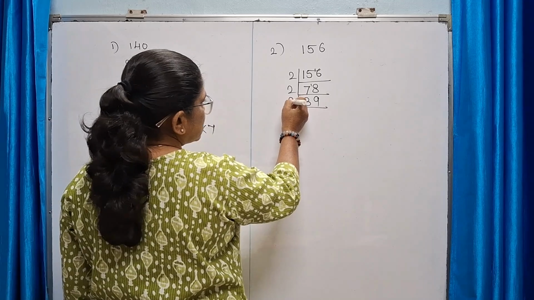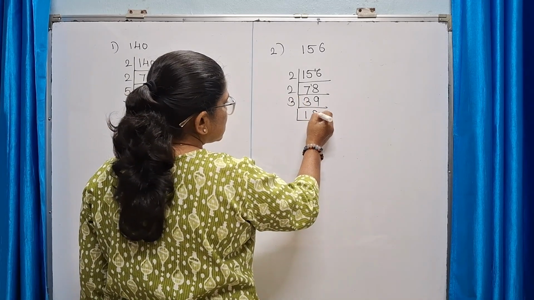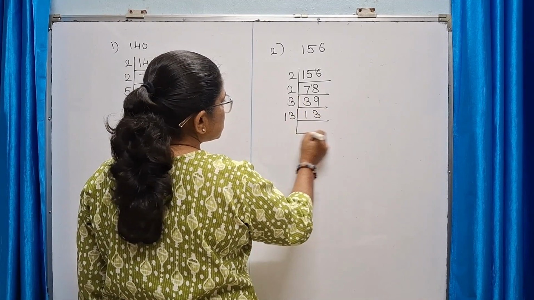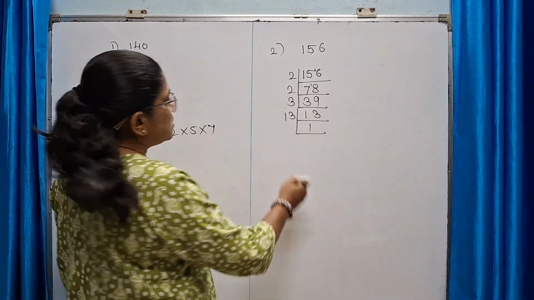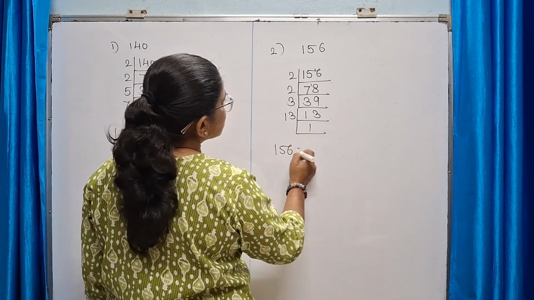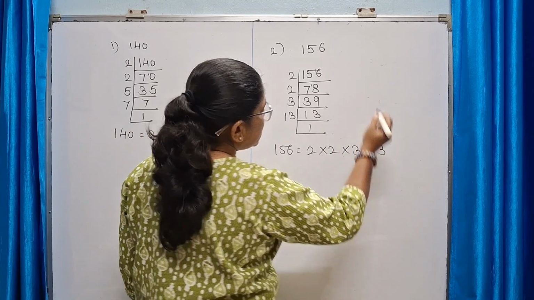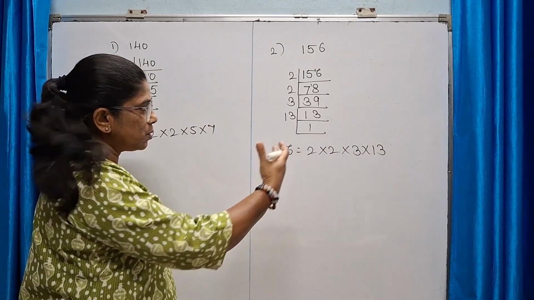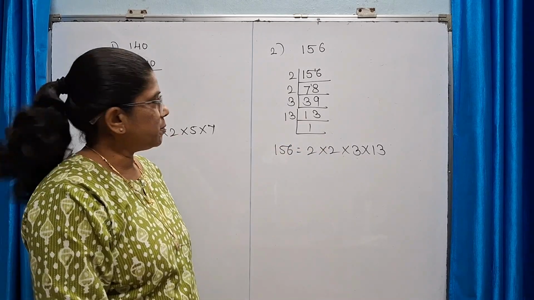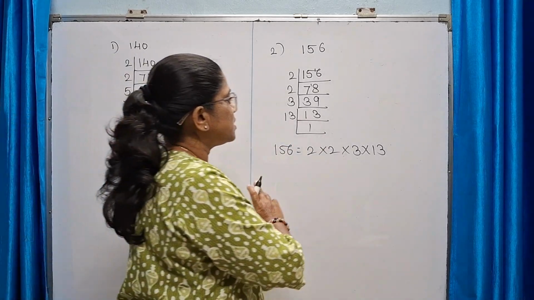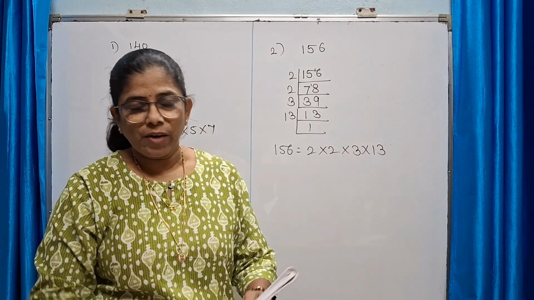Now 39, 3 ones are 3, 3 thirteens are 39, and 13 is a prime number. So straight away we have to take 13. So 156 is 2 into 2 into 3 into 13. 2, 3 and 13 are prime numbers. So 156 is expressed as the product of prime factors.